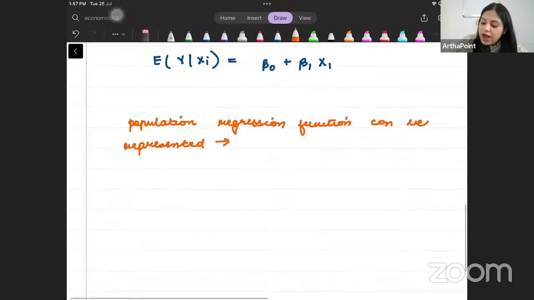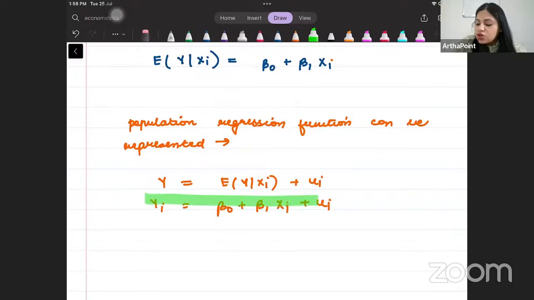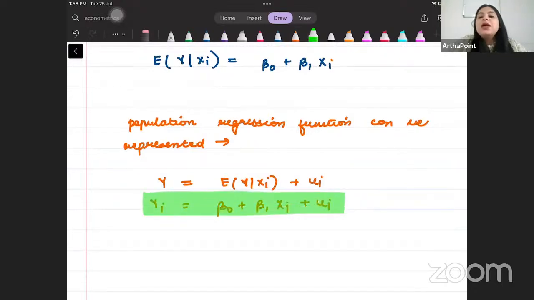I want to write y is equal to conditional expectation plus ui. So it will be beta naught plus beta 1 xi plus ui. So this is going to be your population regression function. Am I clear with this? This is my population regression function.